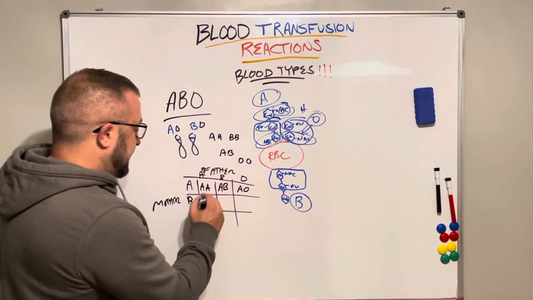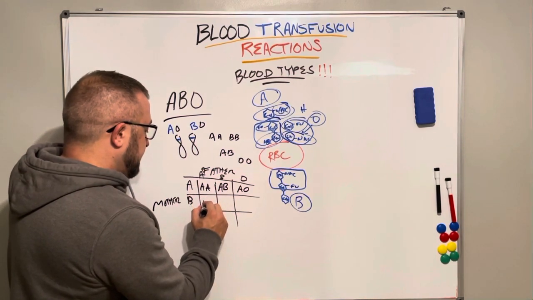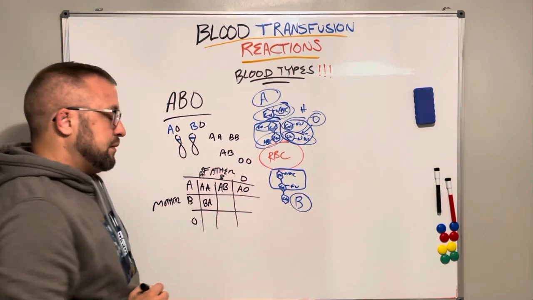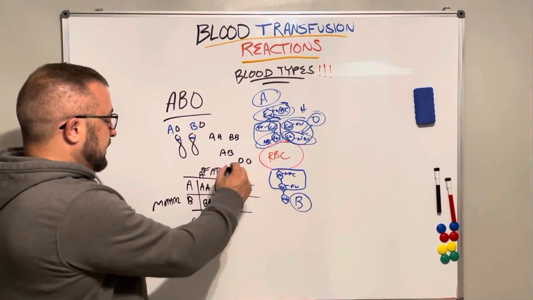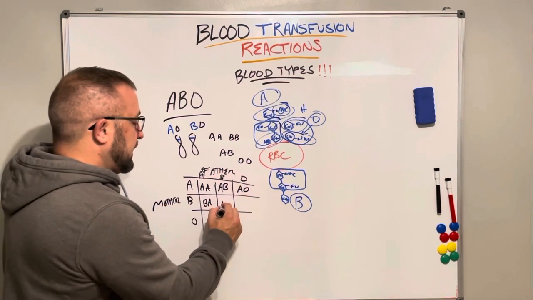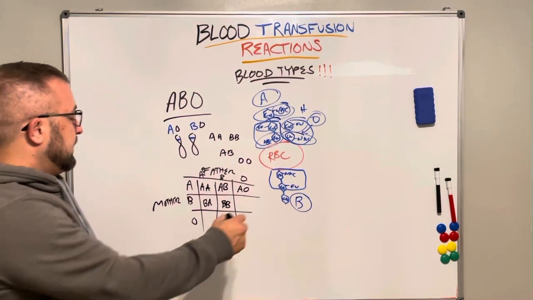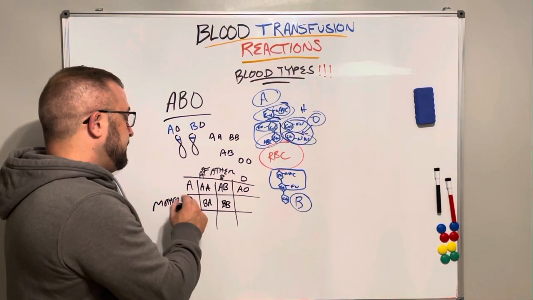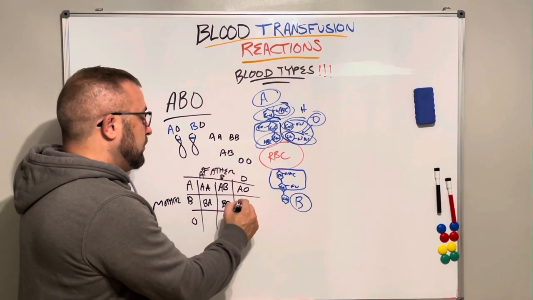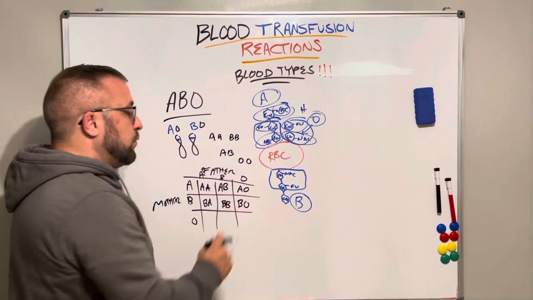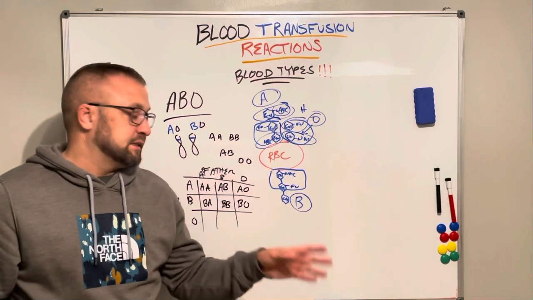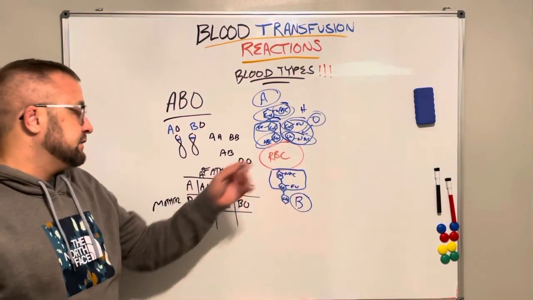Now, same thing here. If the father had A and the mother had B, we would have BA blood type, or AB blood type. If the father had B and the mother had B, we would have BB blood type, or B blood type. If the mother had B and the father had O, we would have BO blood type, which would be B blood type, since we're going to have that sugar attached.